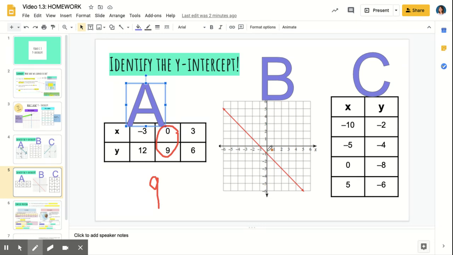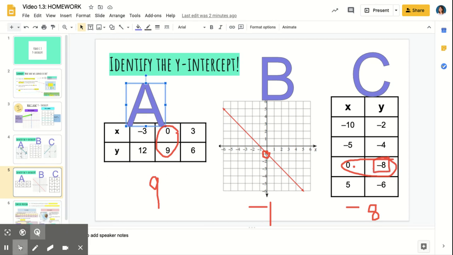All right, if you guessed correctly, the y-intercept is right here, and that's -1. All right, last one for you to try. From this table, what is the y-intercept? The y-intercept is -8. Again, because here's the 0, so this is the number I'm focusing on.